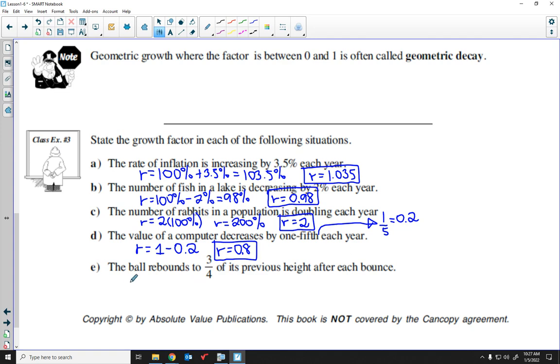So if you had, for example, a ball that was dropped from a height of 1 meter, it falls down and then it bounces back up to 3/4 of the original height. Sorry, that should be a 4 there.